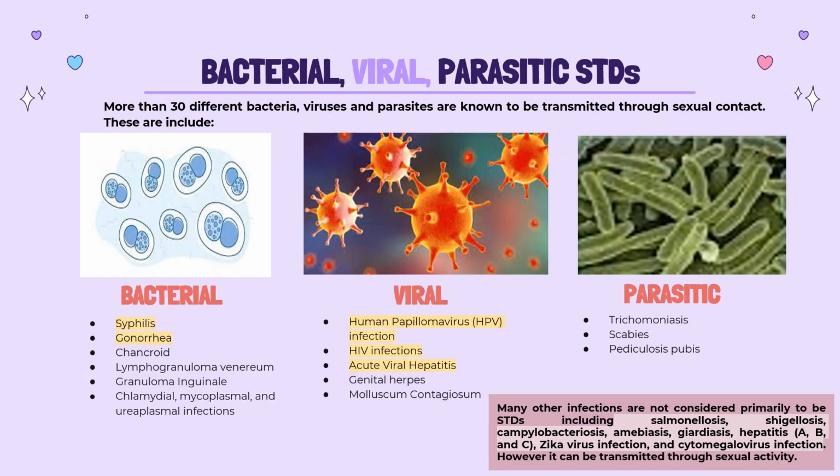There are more than 30 different bacteria, viruses, and parasites known to be transmitted through sexual contact. These include, for bacterial STDs: syphilis, gonorrhea, chancroid, lymphogranuloma venereum, granuloma inguinale, chlamydial, mycoplasmal, and ureaplasmal infections.